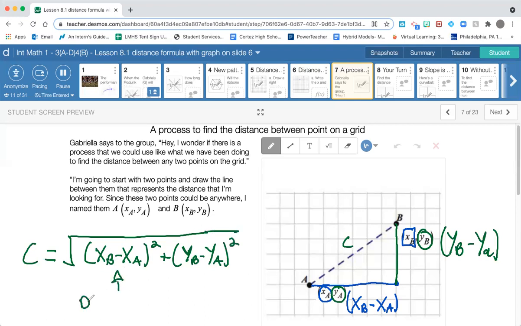Notice this is just the difference of the X coordinates. This is just the difference of the Y coordinates. And again, we treated this as if it was a leg of the triangle, which is not far-fetched. We'll try this out in an example on this next slide.